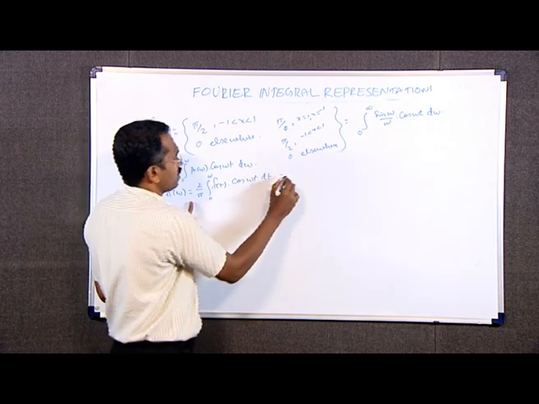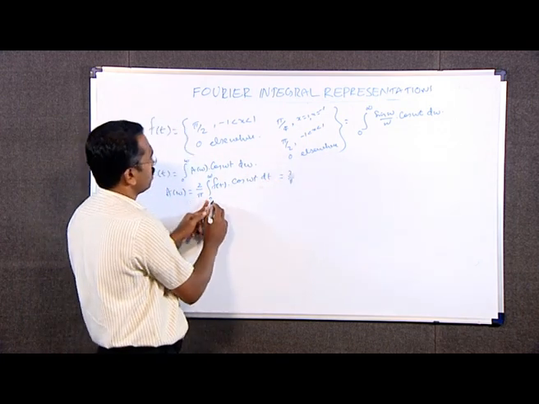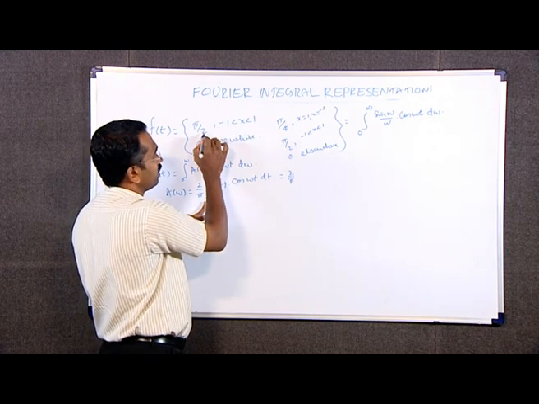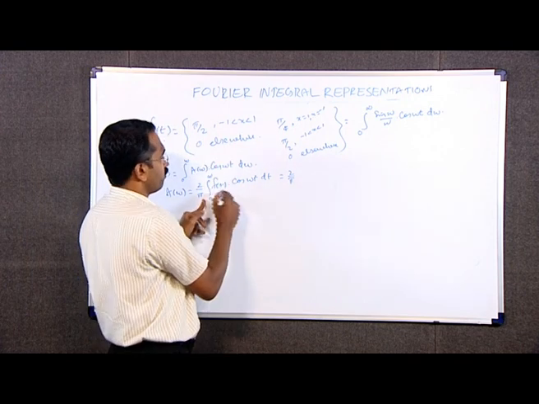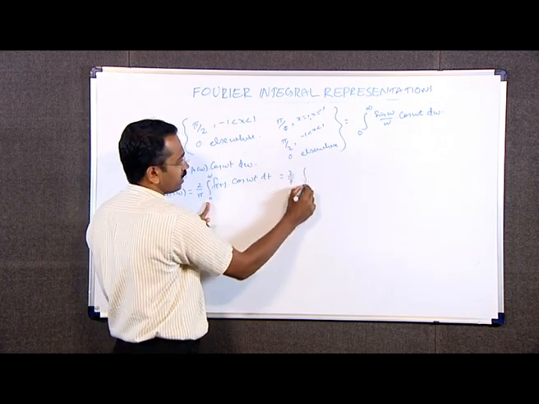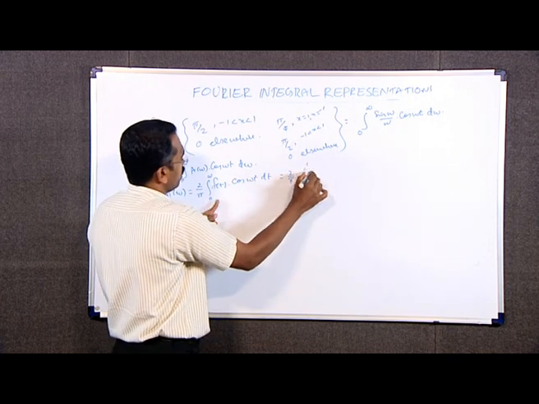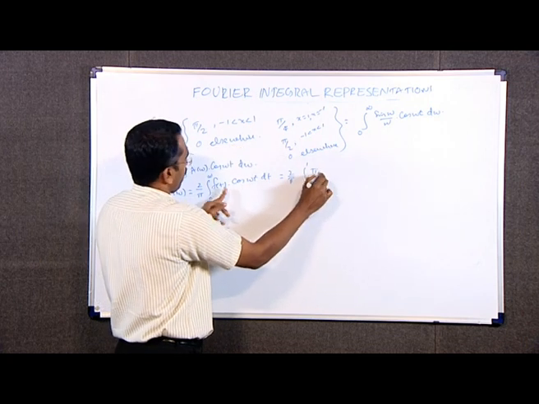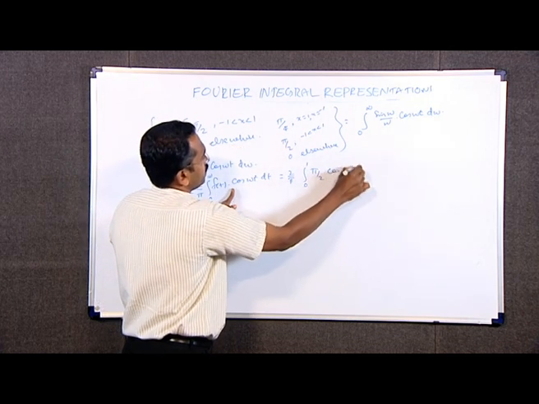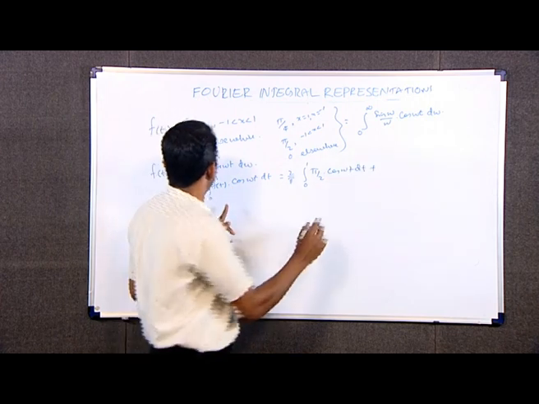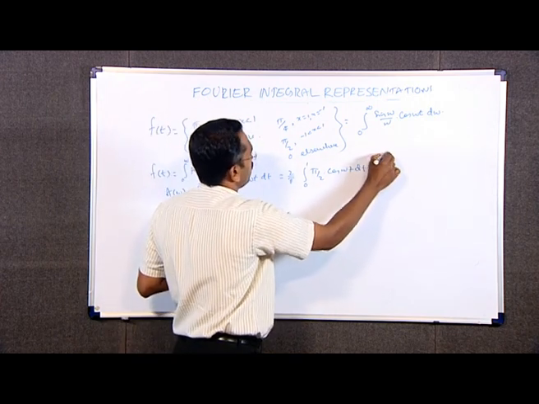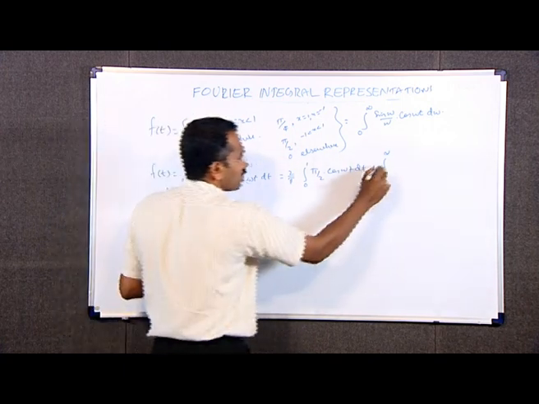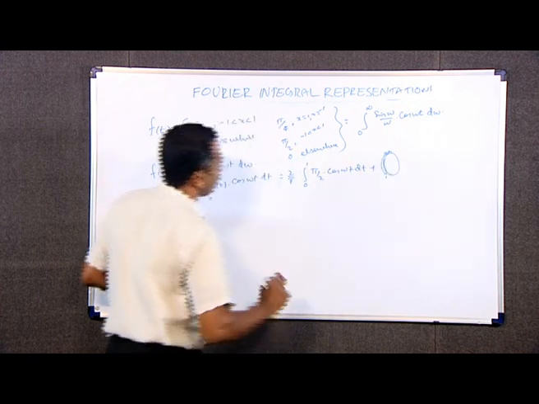The function is defined as pi by 2 from minus 1 to 1 and 0 otherwise. Therefore, we split this integral: 2 by pi into integral from 0 to 1, where f of t is pi by 2, into cos omega t dt, plus integral from 1 to infinity, where the function is 0. Therefore, the value of this integral is 0.